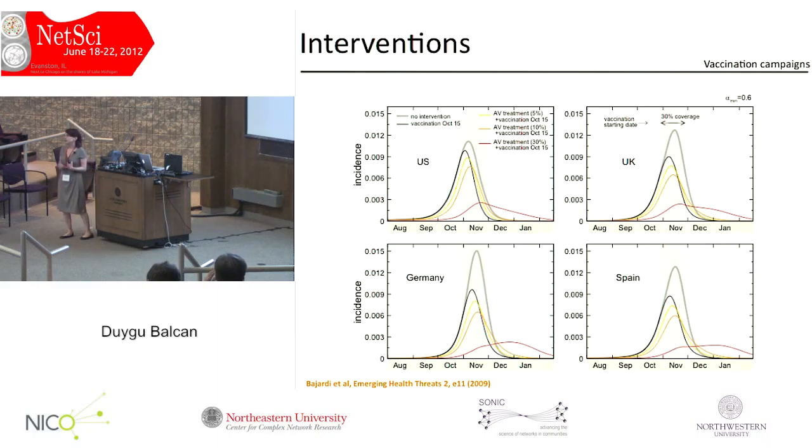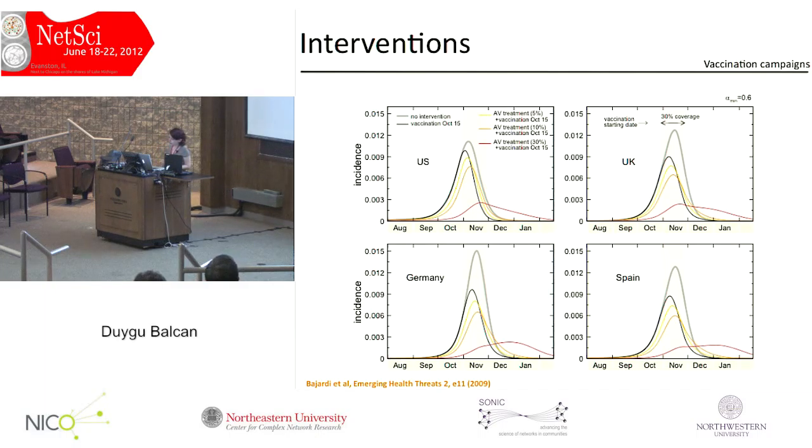However, in reality, it didn't really work like this. Some countries started much later because vaccines were not ready, and also the population coverage was widely varying among countries.